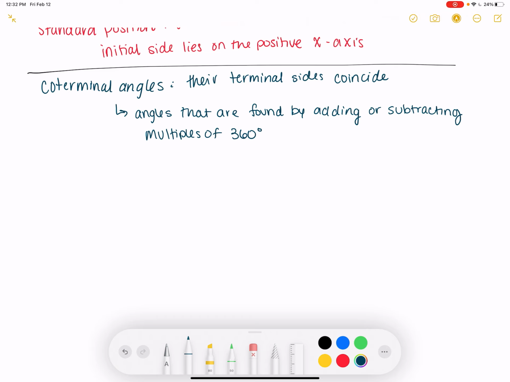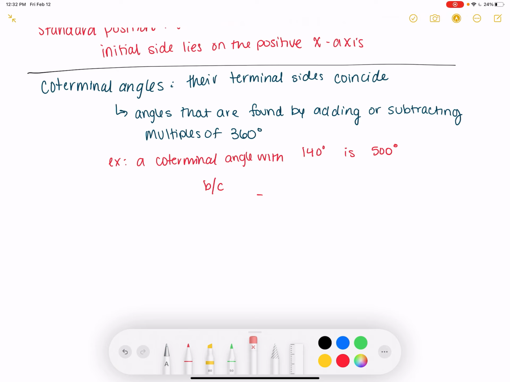So, for example, a coterminal angle with 140 degrees is 500 degrees because 500 minus 140 is equal to, hold on, ignore that.